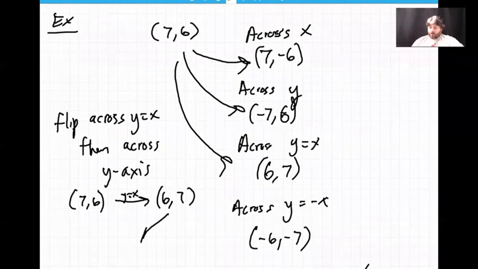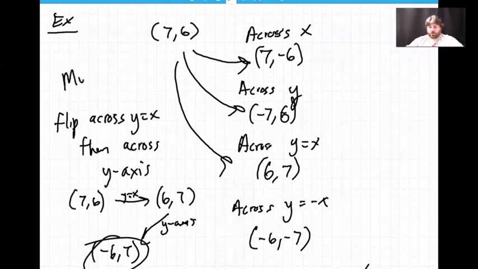And then when you flip across the y-axis, it becomes (-6, 7). So we switch the x number. So this would be the location. So this is like multiple transformations. Just be aware that they can have more than one. They want you to do it first and then do it again. Okay?